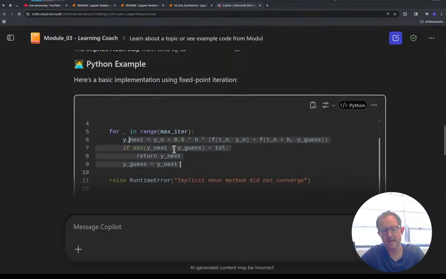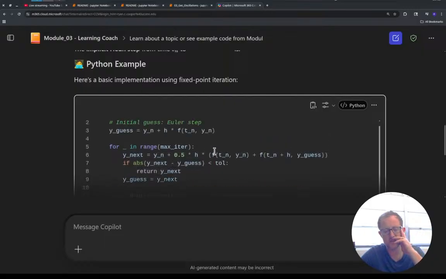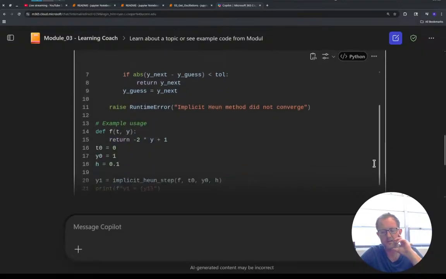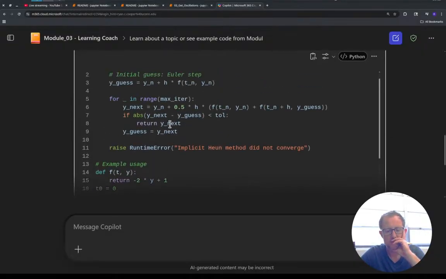This one's using an absolute error instead of a relative error. I was dividing by y next, but it doesn't really matter. It just changes it a little bit.